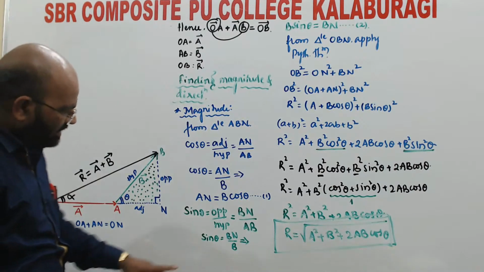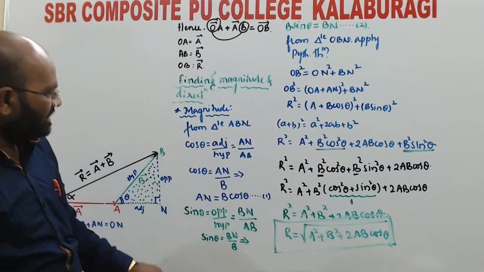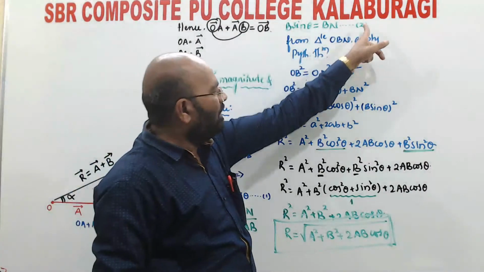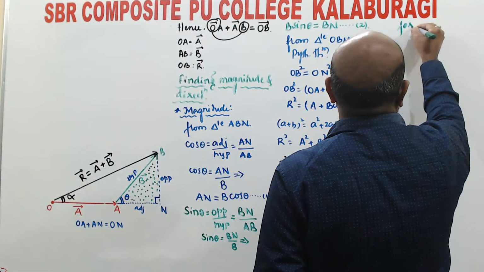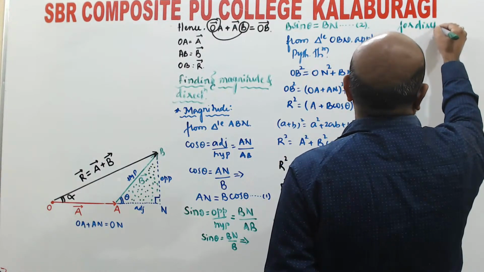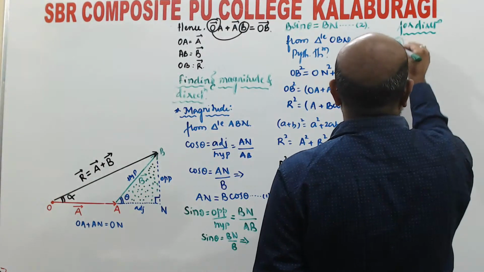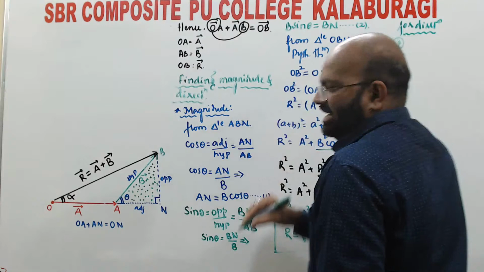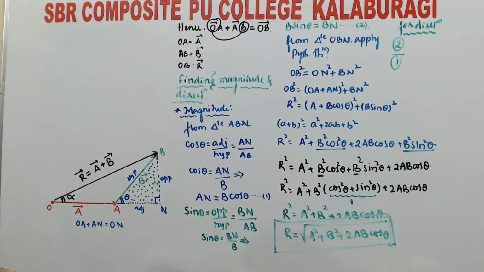Now here, sin theta divided by, you divide both the conditions. Divide equation 2 by 1. We have for direction, dividing equation 2 by 1, we get equation 2 by 1. What do you get now here? To get the corresponding condition, here we get tan alpha.